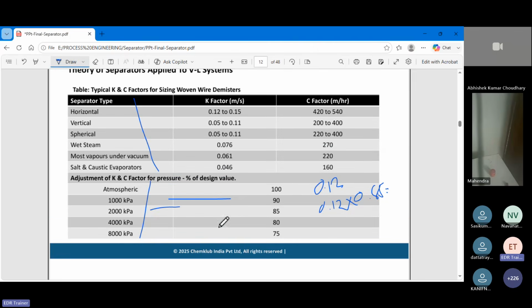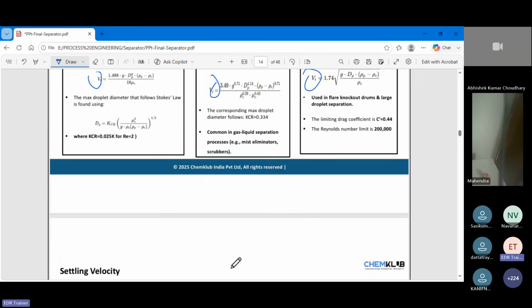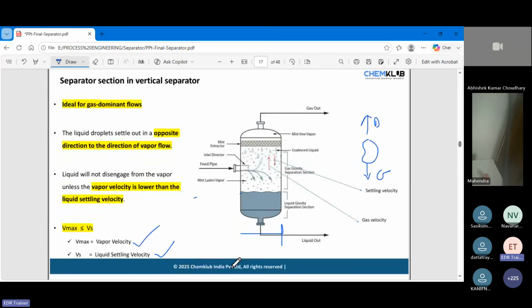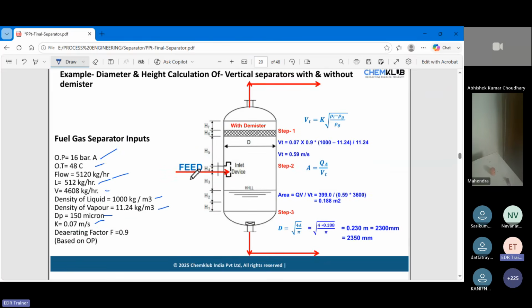So how much percentage we need to multiply depends on the pressure range. If you can see here, the pressure is in kilopascal, so you need to convert it and you can choose the deaeration factor. This factor you can multiply directly with the K value, which gives you the margin of the pressure. First step, calculate using the velocity Souders-Brown equation: Vt is equal to K times the square root of density of the liquid minus density of the gas, divided by density of the gas.